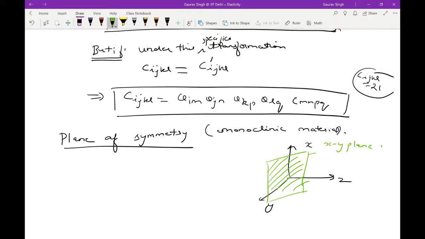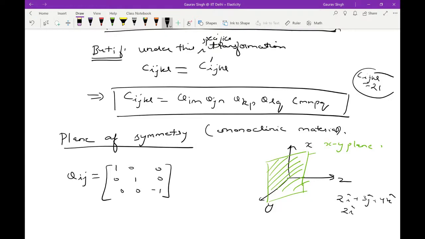Then the transformation matrix should look like this. Basically any vector like 2i cap plus 3j cap plus 4k cap would become 2i cap plus 3j cap minus 4k cap.